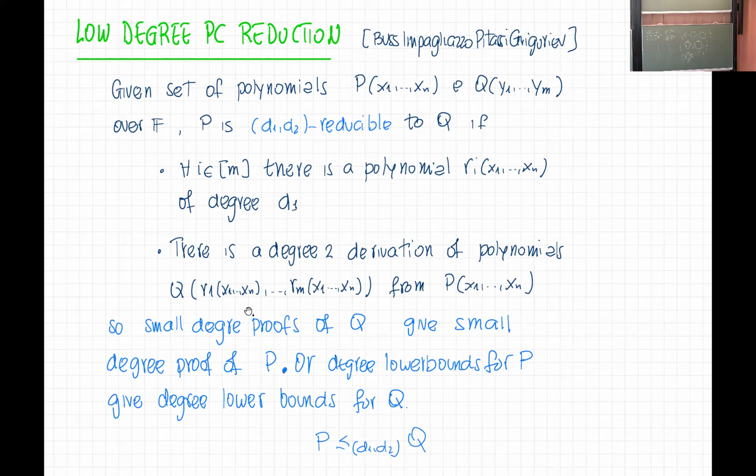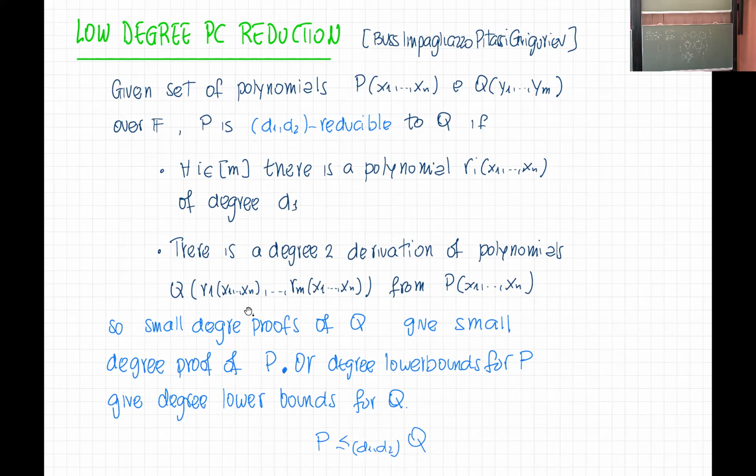And then you say that P is (D1, D2)-reducible to Q if for all i in M, you can find another polynomial of small degree D1, such that once you substitute this polynomial to the y variable in Q, you can derive these new polynomials from the initial P using again a small degree proof of degree D2.